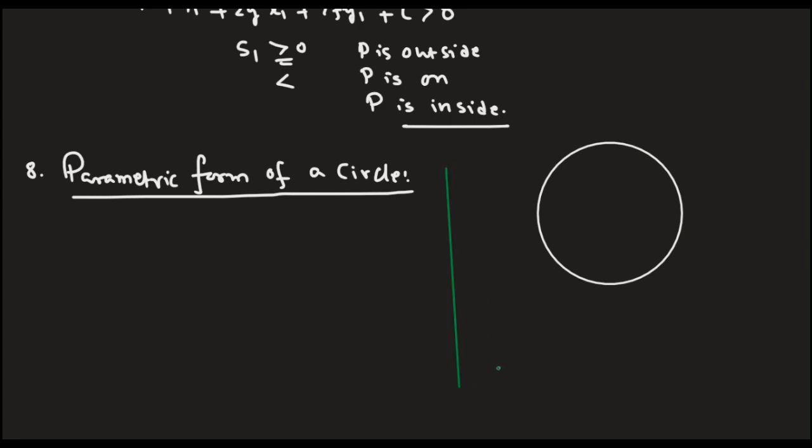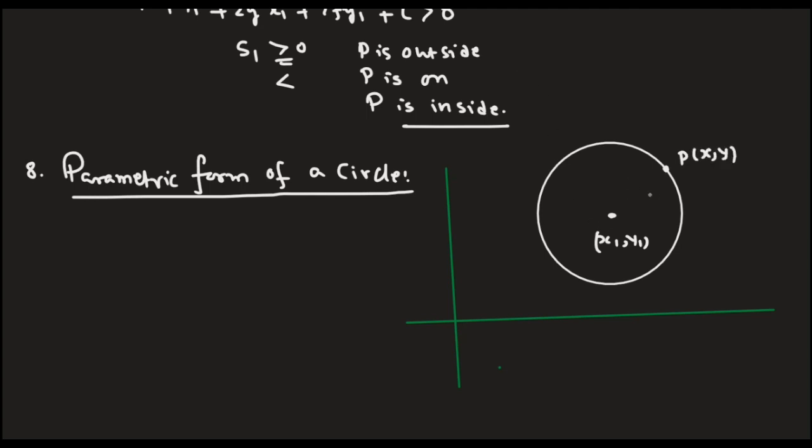With respect to the coordinate axis, I have the coordinate of the center, which is x1, y1. And on the circle I am taking any point P, whose coordinate is x comma y.